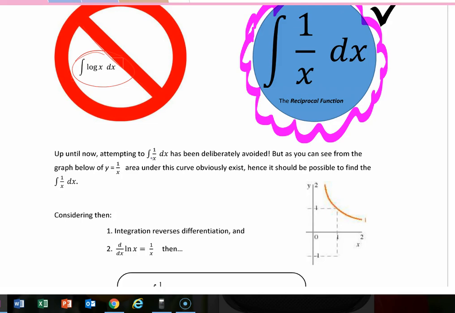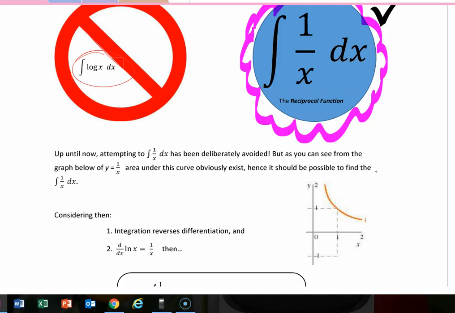However, we do know what the graph of 1 on x looks like this. Is there such a thing as area under that curve? And yes, definitely there is area under the curve, which consequently means we should be able to integrate it.